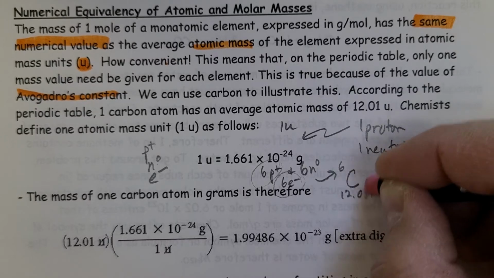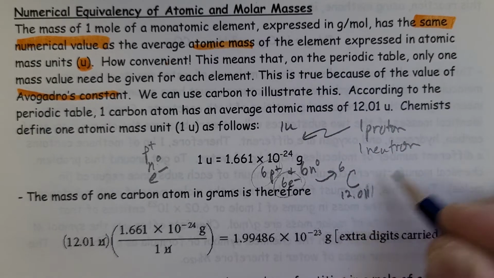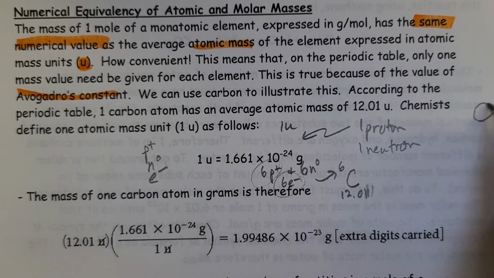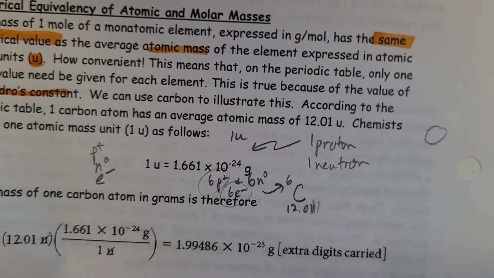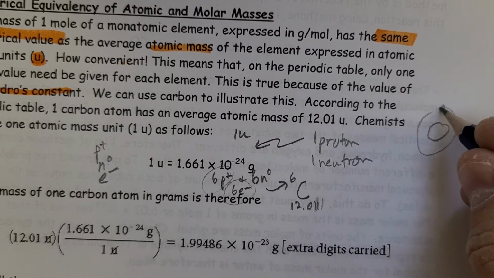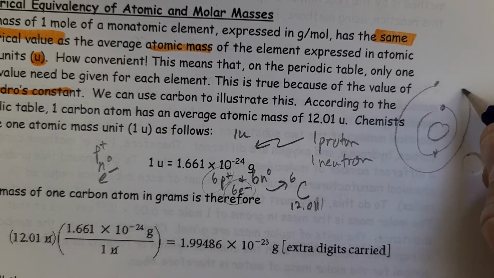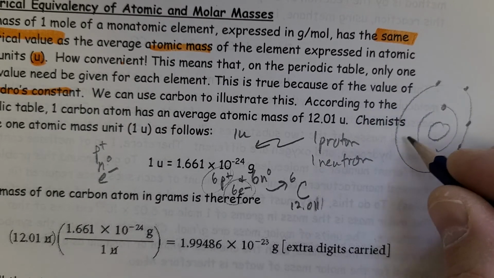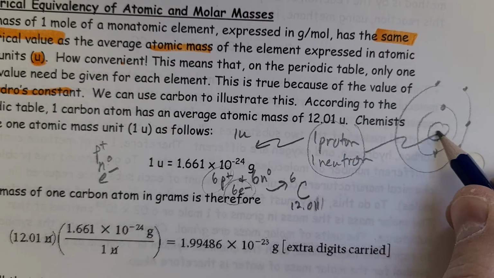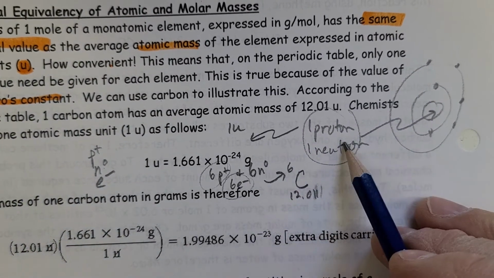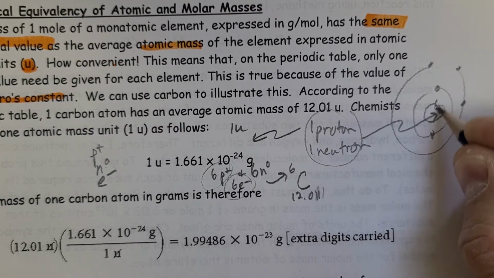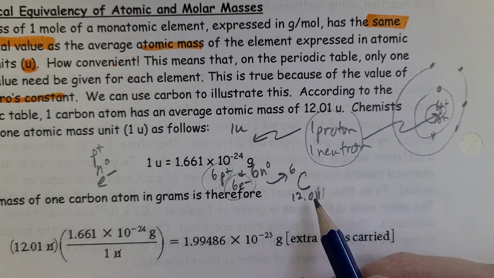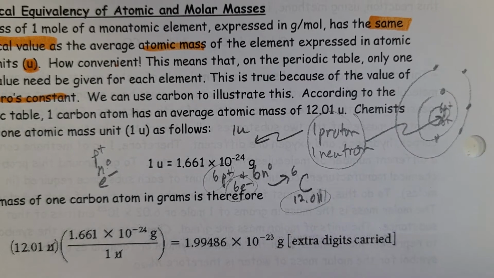And loosely speaking, to get that total mass, as I mentioned, if I'm looking at carbon, most of the mass is in the nucleus. So we have our 6 electrons going around, right? But most of the mass is in the nucleus. So in this case, our protons and neutrons. And of course, we have 6 P's and 6 N's to make a total of 12 units.